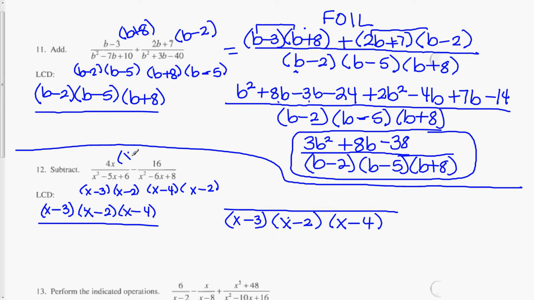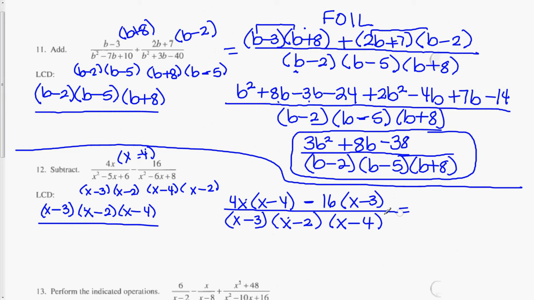So 4x is going to have to get multiplied by x minus 4. And then there's a minus sign, don't forget that. And then the 16 underneath it, I've got x minus 4, x minus 2. I'm missing this x minus 3. So 16 is going to have to get multiplied times x minus 3.